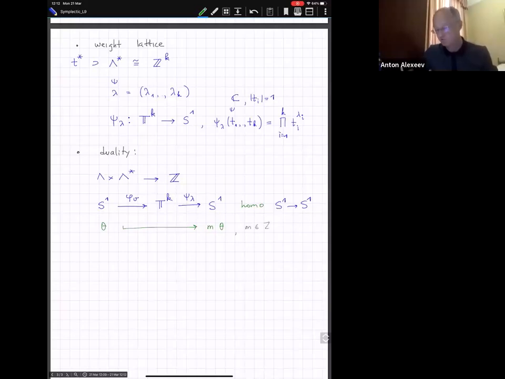So there are no other homomorphisms. And we assign to the pairing, to the duality between v and lambda, this very integer, right? So this is a perfect duality, a natural perfect duality between those two lattices.